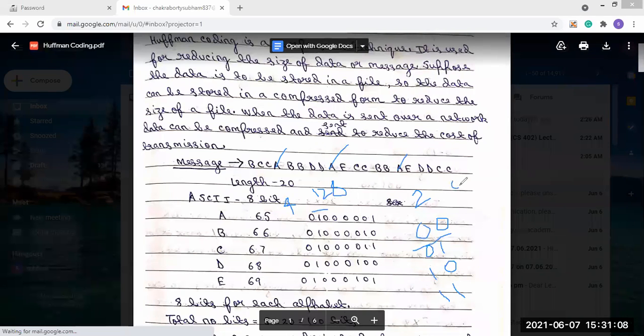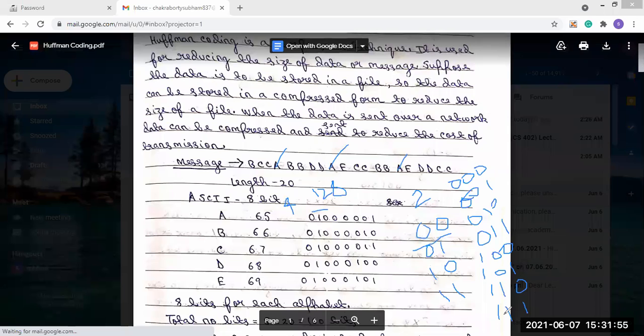Same as that, with 3 bits we have 000, 001, 010, 011, 100, 101, 110, 111. So using 3 bits, how many characters can be represented? 1 2 3 4 5 6 7 8.